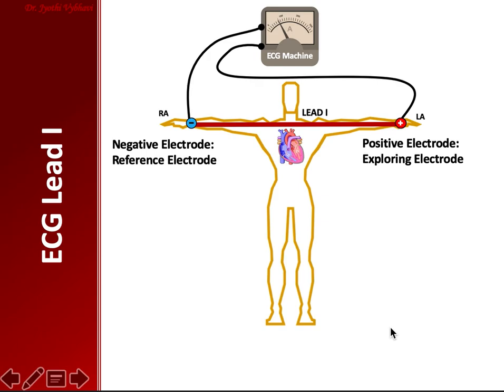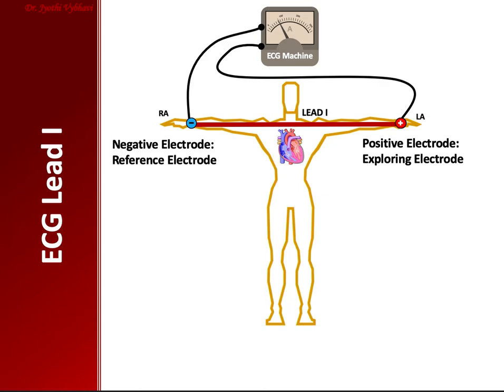As we have learned, there are three types of bipolar limb leads: ECG lead 1, lead 2, and lead 3, right? Einthoven just applied the combination of electrodes conventionally. He started applying and trying to find out what he could record.